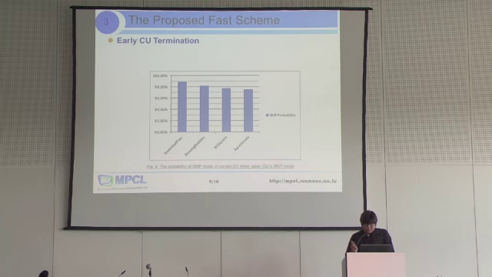Figure 3 shows the probability of skip mode of the current CU in depth level X. When the current CU is skip mode, the probability that its sub CU is skip mode is very high, more than 90%. So we use this skip mode.